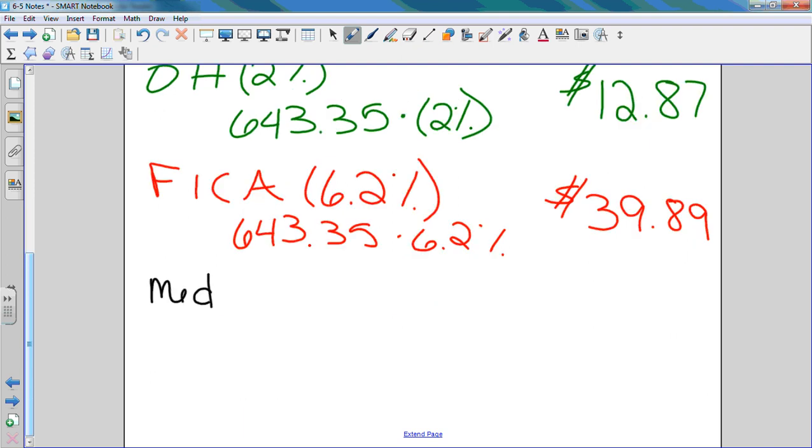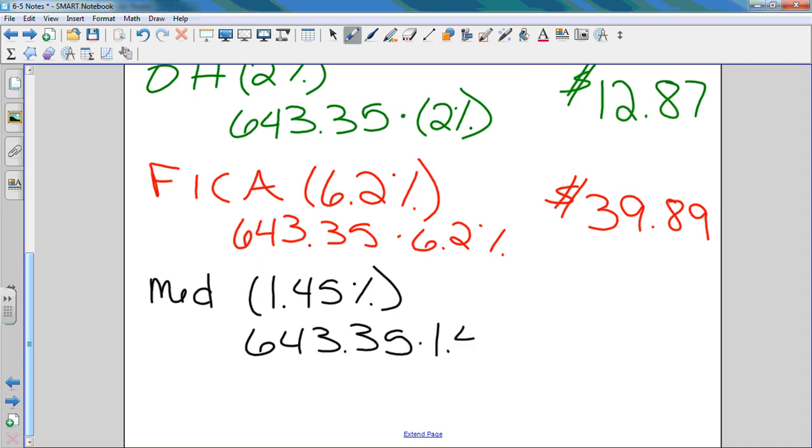Usually Medicare is MED on your pay stub. The rate is 1.45%. So we take 643.35 times 1.45%. And what do you get? $9.33.